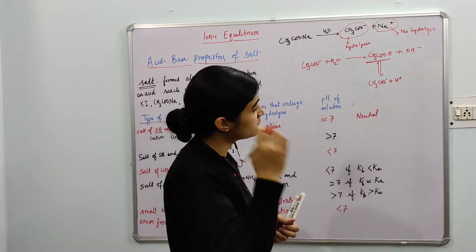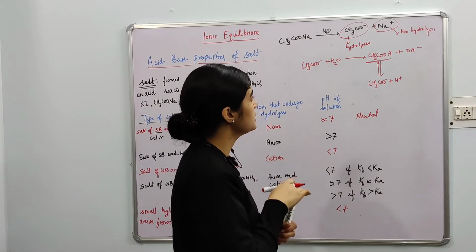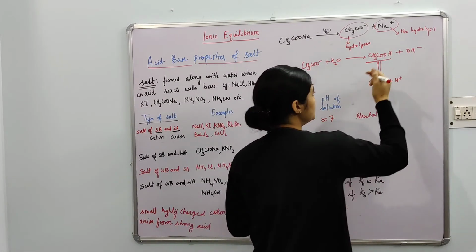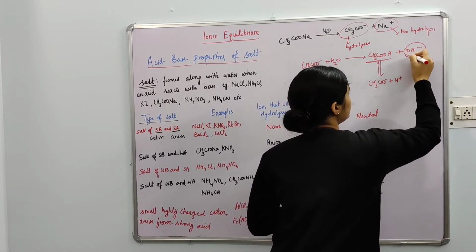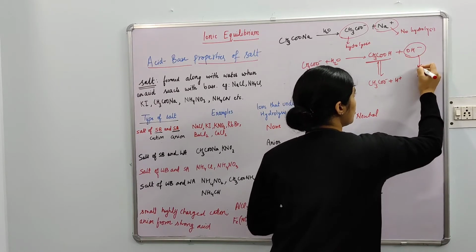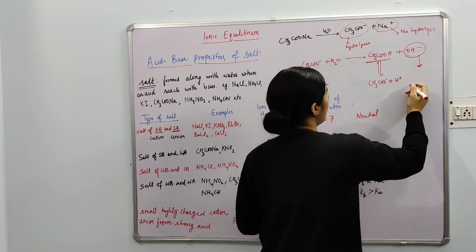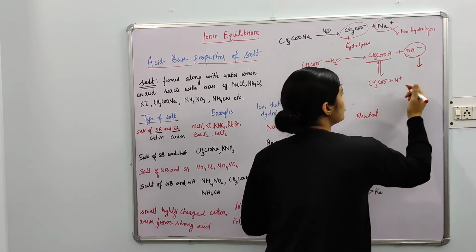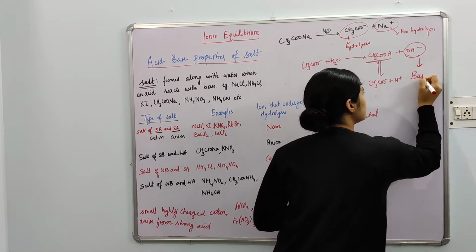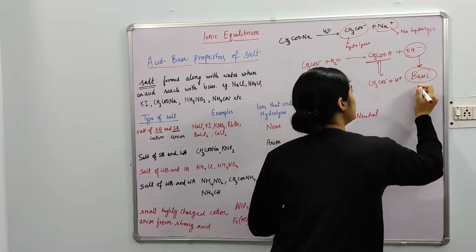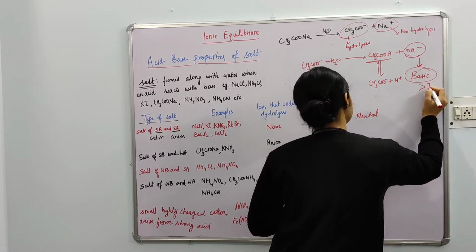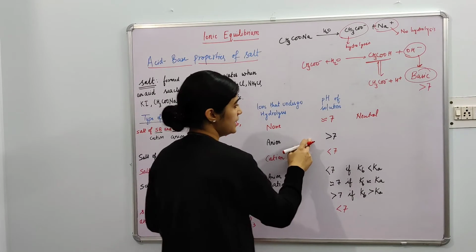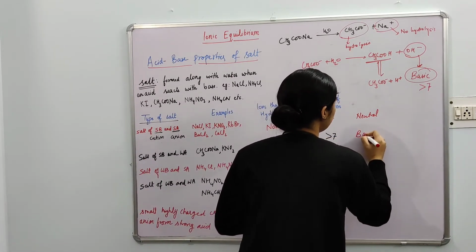All these three species will be simultaneously present in the solution. So it is contributing to the OH negative production. OH negative will be produced in the solution, and your solution will be basic. So the pH will be more than 7. So this is the case, and your solution here will be basic.